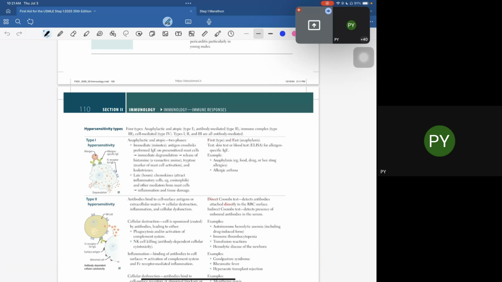Okay. So what is type 1 hypersensitivity reaction? Basically, let's start from one thing. Do you guys know what is atopy? Anyone, what's atopy? So atopy is the phenomenon that you are very sensitive to something.